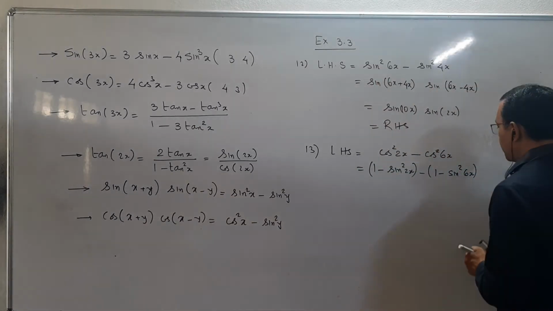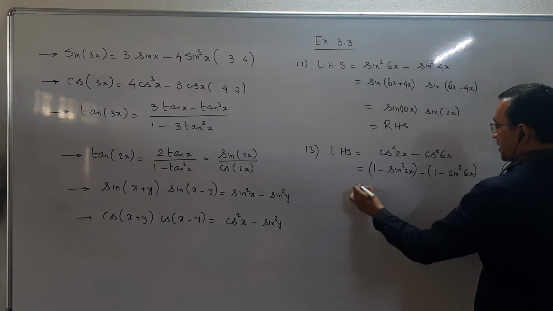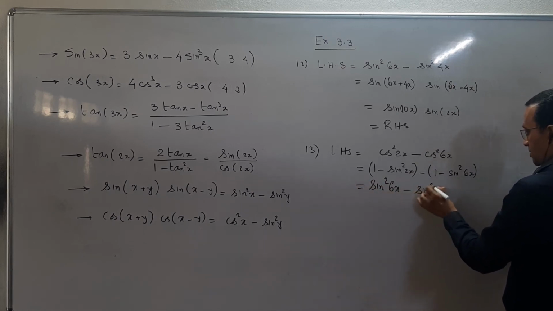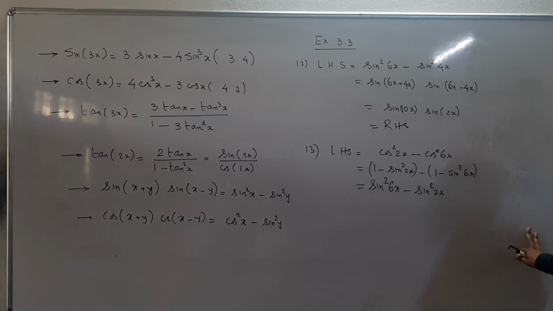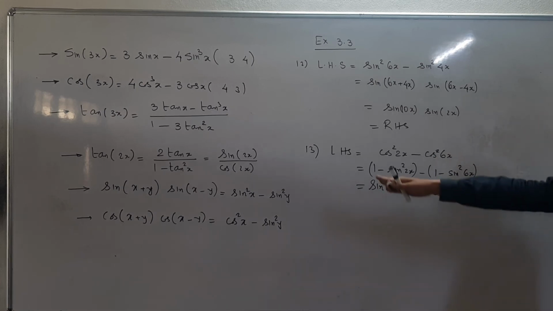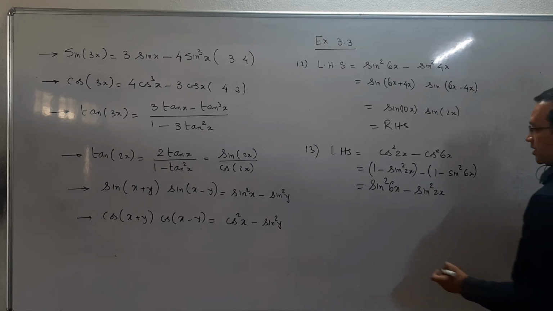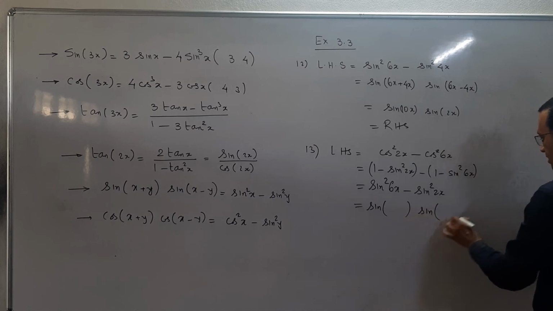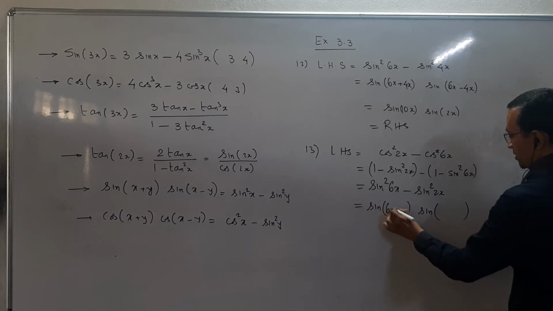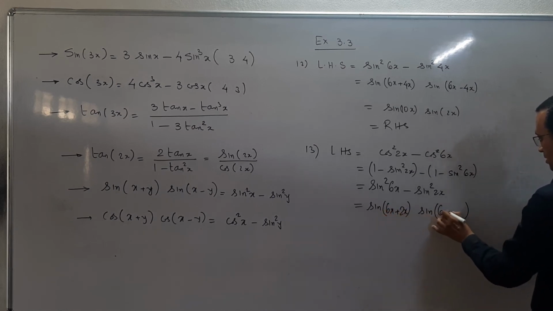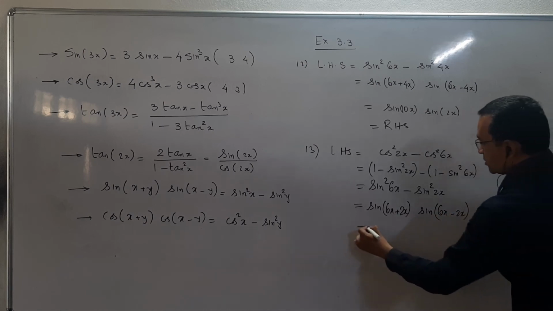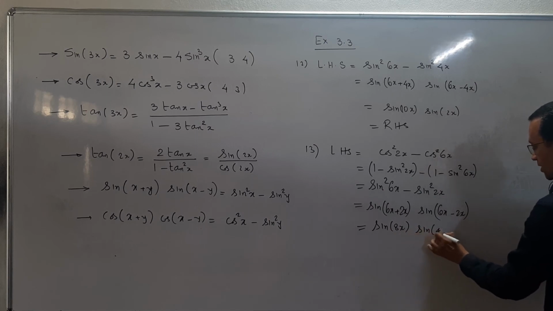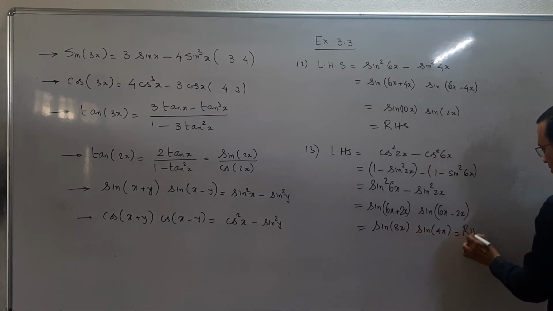Now if I open up the bracket, 1 and minus 1 get cancelled. This changes to sin square 6x minus sin square 2x. Now I can very well apply the formula of sin square x minus sin square y. So once it is sin of x plus y and once it is sin of x minus y. So this changes to sin of 8x into sin of 4x, which should be your RHS.